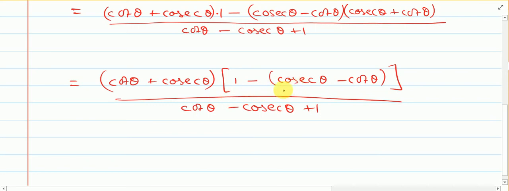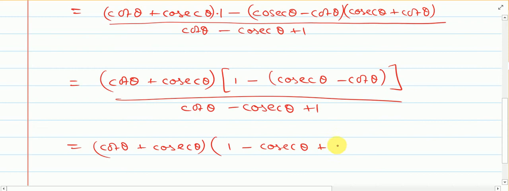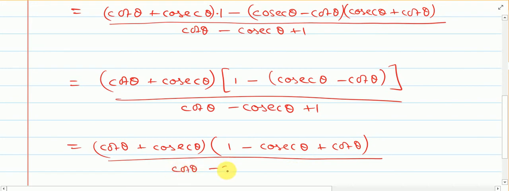Now in the numerator, open this bracket, inner one, so you get cot theta plus cosec theta, and here you get 1 minus cosec theta plus cot theta, okay. And here cot theta minus cosec theta plus 1.